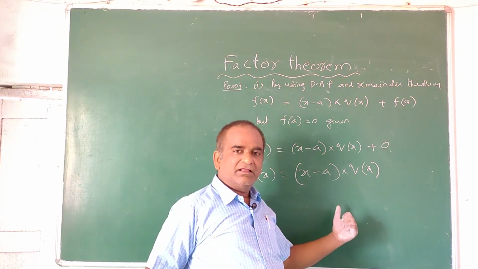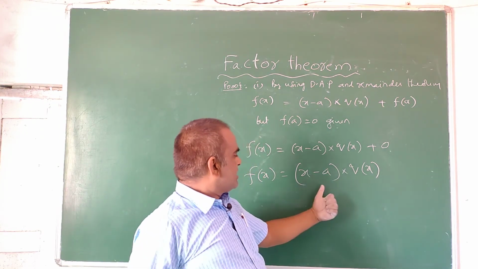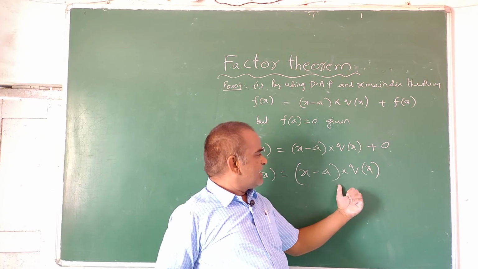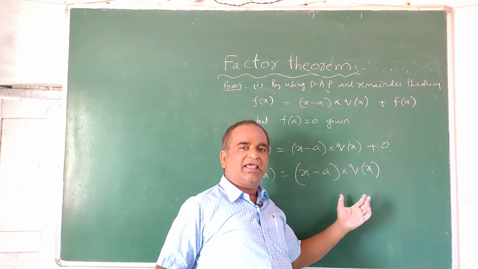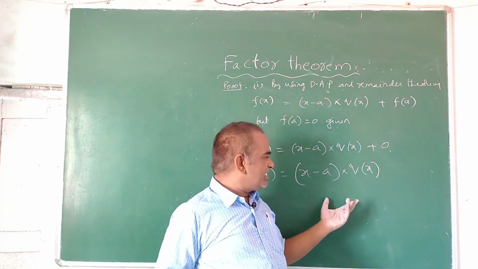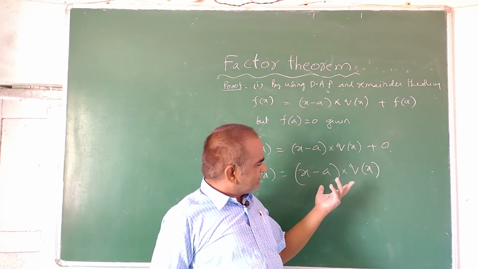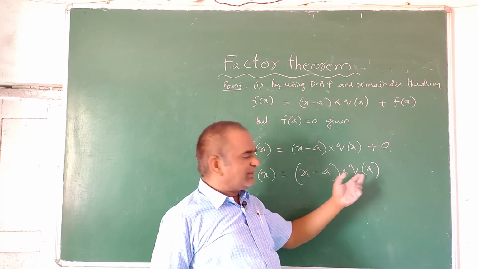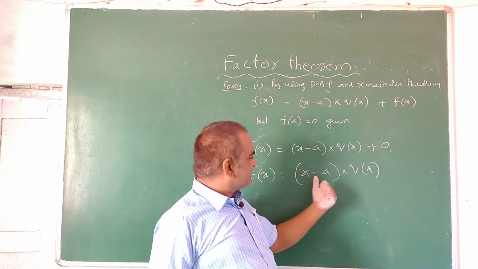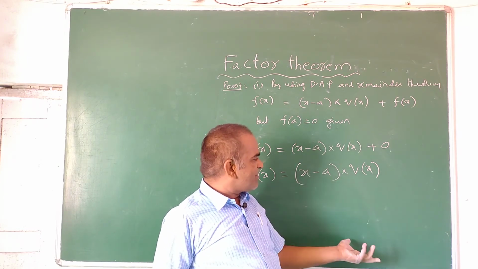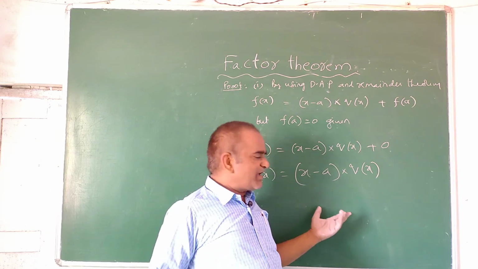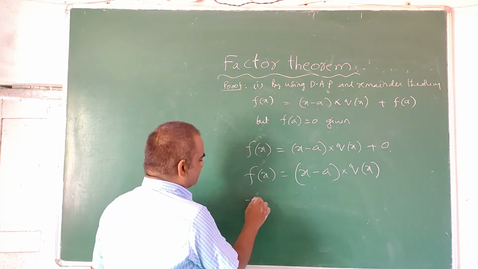That means f of x is having a factor x minus a. What does it mean? It means x minus a is a multiple of q of x. f of x is equal to x minus a into q of x. So x minus a is a factor of f of x.